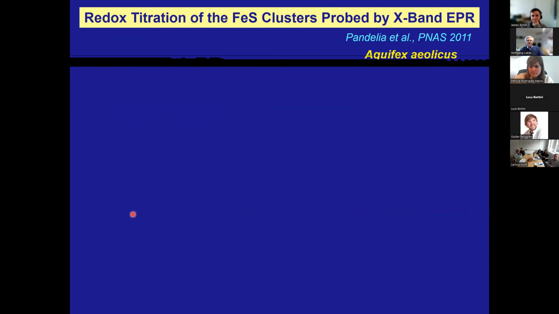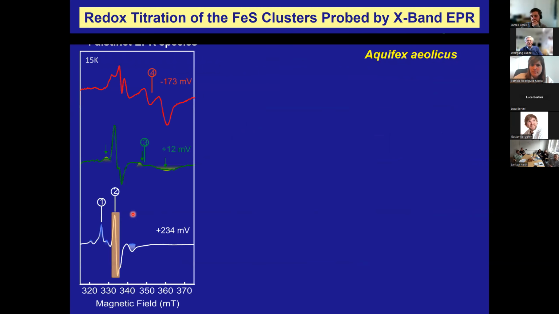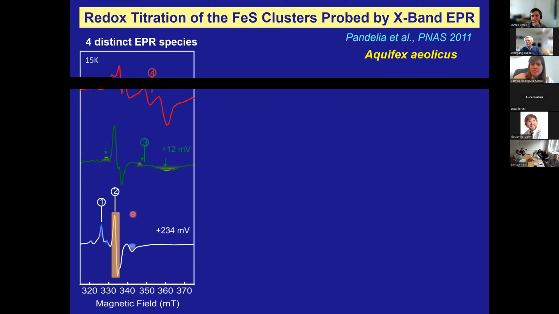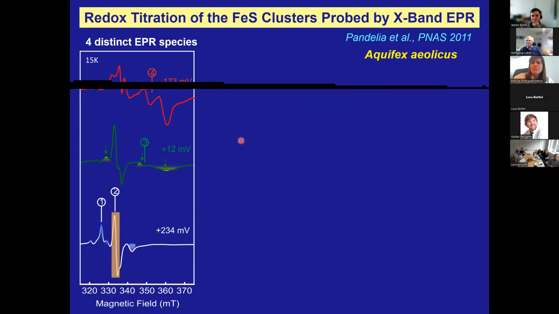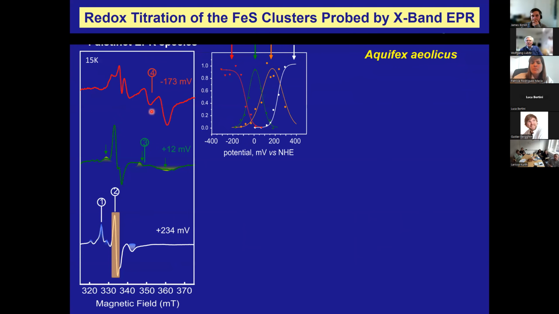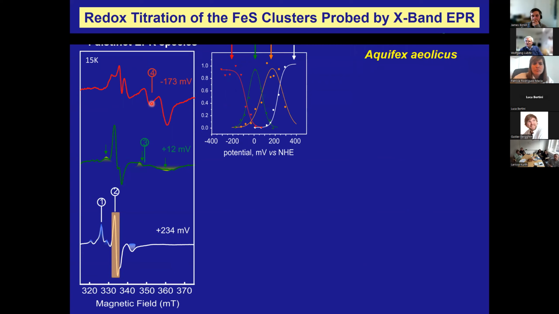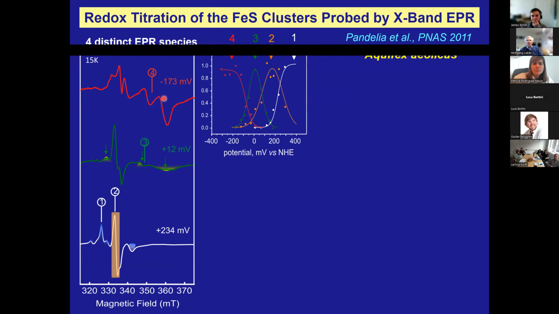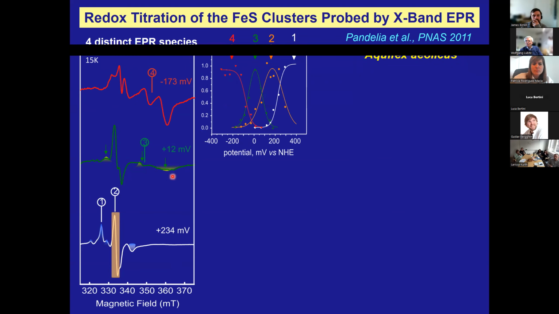And another thing, maybe due to the time running, I will very quickly go over that, is that you can also do titrations by poisoning your sample at different redox potentials, and then taking EPR samples and measuring on distinct EPR species how they are changing, getting the redox potential.